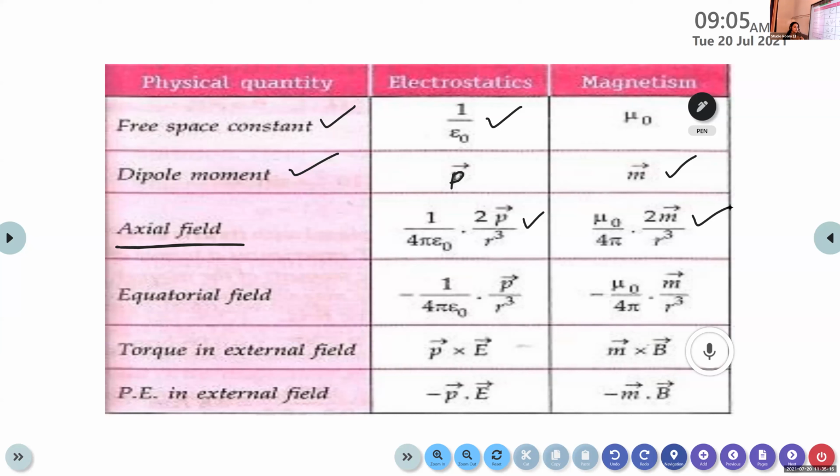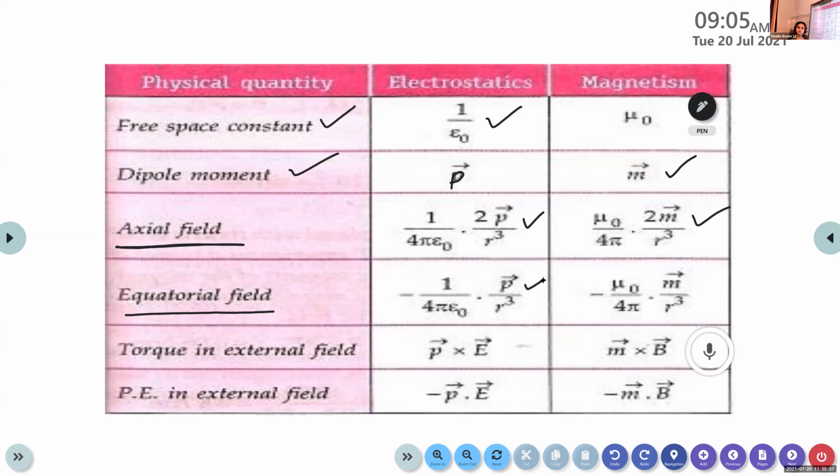Similarly, we can write an equation for the equatorial field. Here we only need to study the axial field; we can study the equatorial field later. The equation for the equatorial field in electrostatics is minus 1 by 4 pi epsilon 0 times p by r cube.